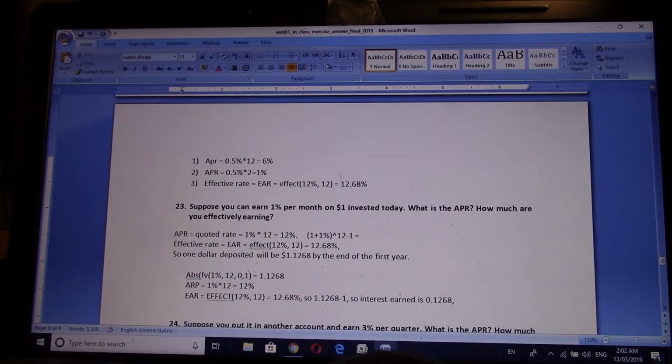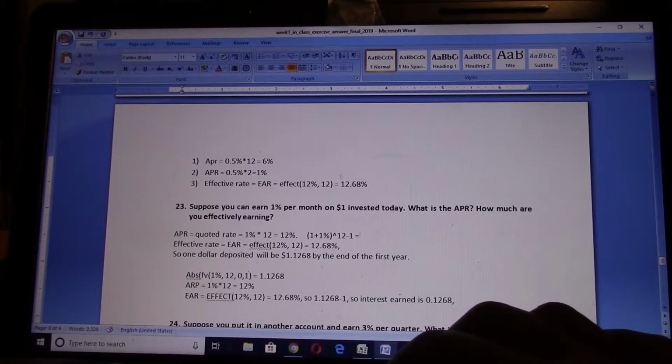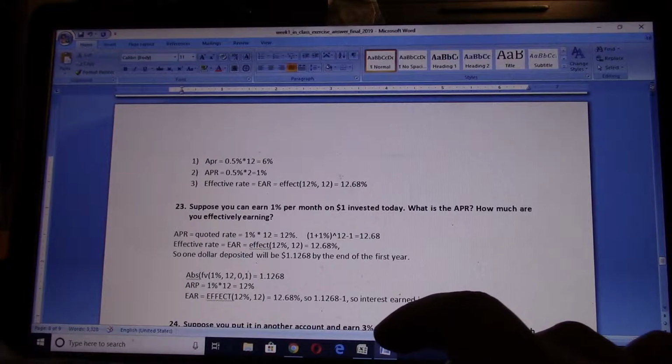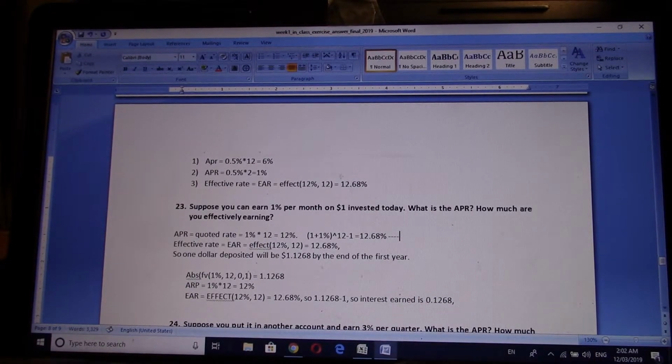Your account value increases at 1% every month, and for 12 times in a year, it should be 12.68%. This is your EAR, effective annual rate. Or you can use the EFFECT function in Excel. The inputs are 12% and 12 in this case.